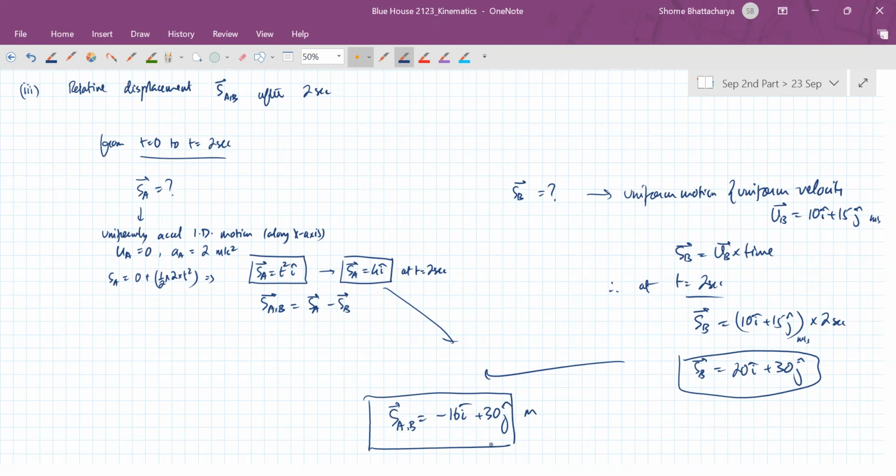Why is it plus 30? It should be minus 30 j cap, right? Minus 30, yes, correct. It should be minus 30. Just make the correction here.